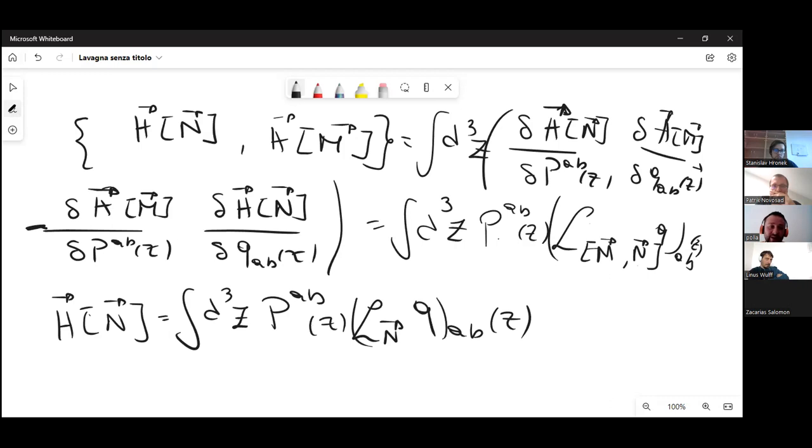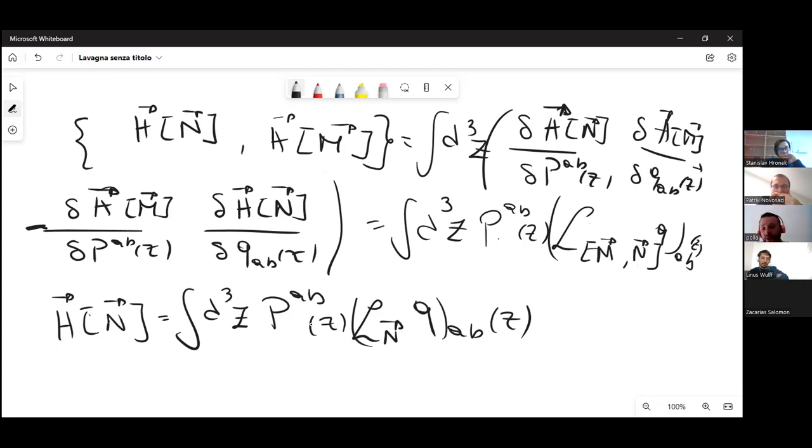And this is why such a constraint is called the vector or the diffeomorphism constraint, because it shifts any quantity along the test function, which in our case is the shift vector. So more or less this is the meaning of such vector constraints.